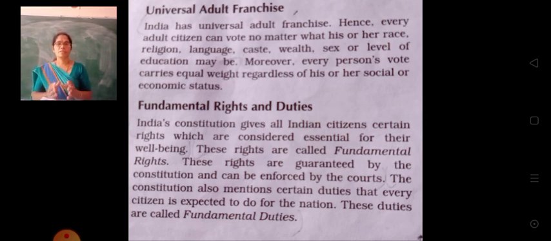These are some of the features of our constitution. The remaining part we can learn in the next class.